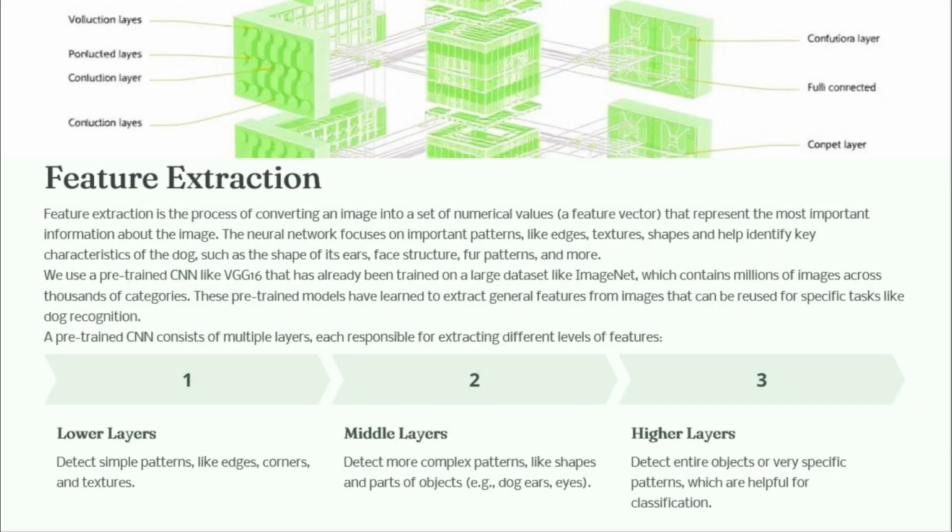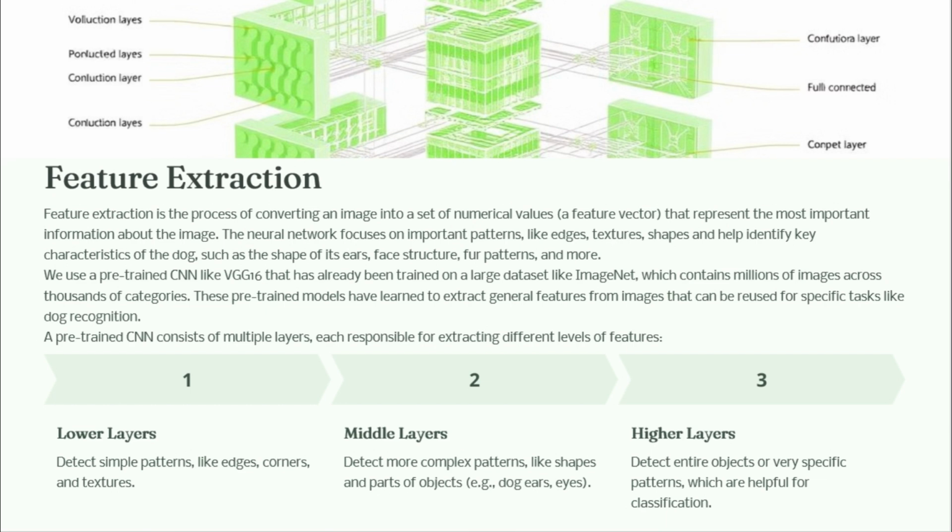Once the images are preprocessed, the next step is feature extraction. Here we use a pre-trained convolutional neural network to extract key features from the images. VGG16 has already been trained on millions of images, so it knows how to detect patterns like edges, shapes, and textures.